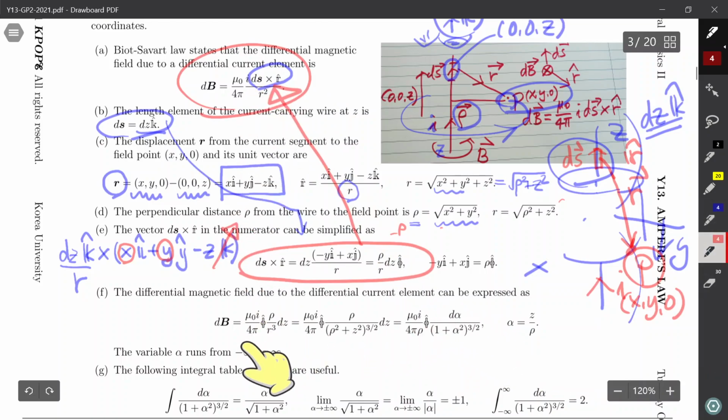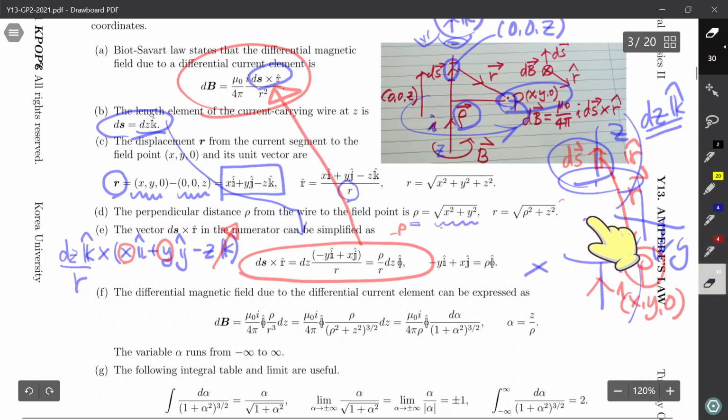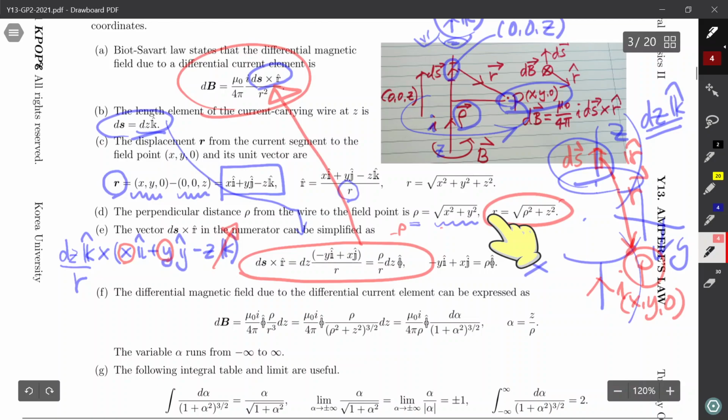Then mu 0 I over 4 pi, r squared multiplied by r cubed in the denominator. Rho is here, and dz is here, and the unit vector phi hat is here. Now r is this, so substitute r in here.